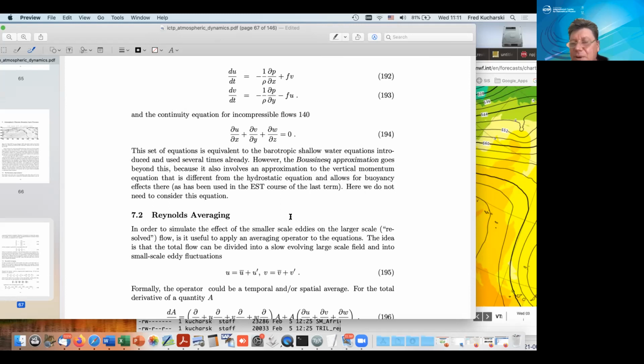That means there will always be scales that you cannot resolve with that model. So you will always have to allow that there are subgrid processes that interfere with your resolved flow, because your resolved flow is only valid for some kind of grid cell.